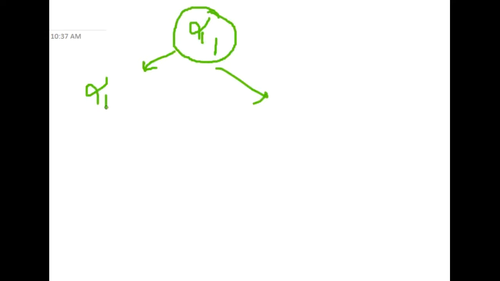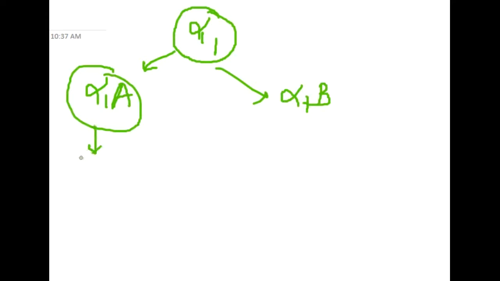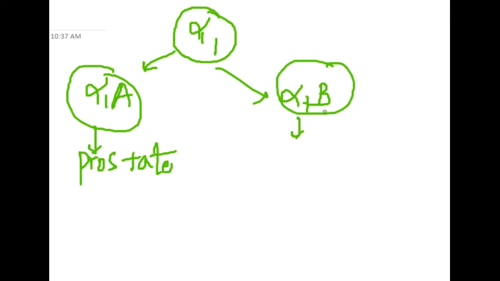The alpha 1 receptor is of two types: alpha 1A receptors and alpha 1B receptors. Alpha 1A receptors are present in the prostate, whereas alpha 1B receptors are present in blood vessels.